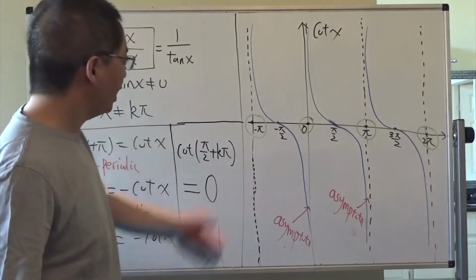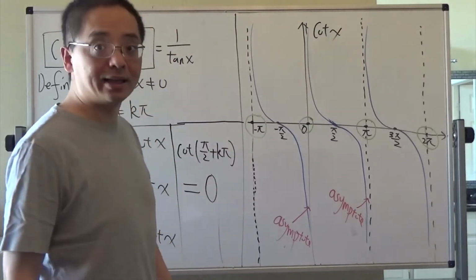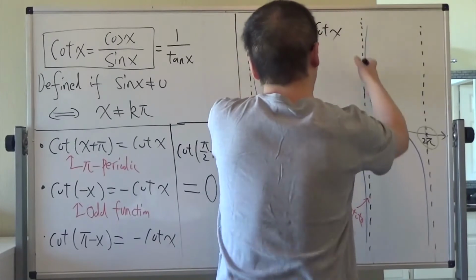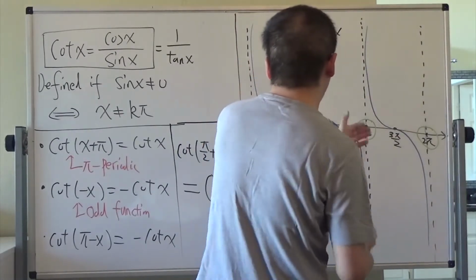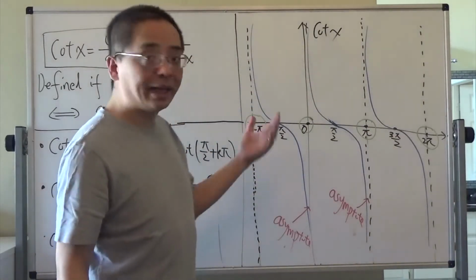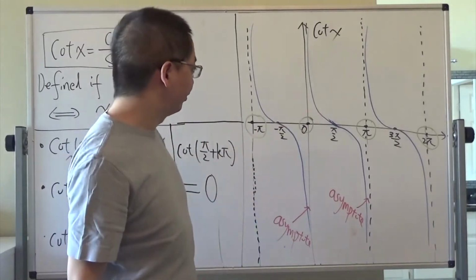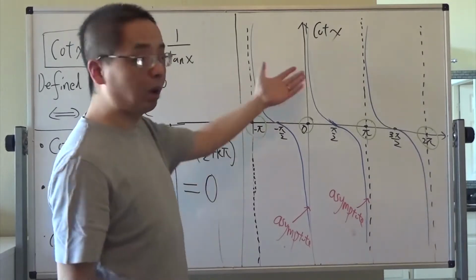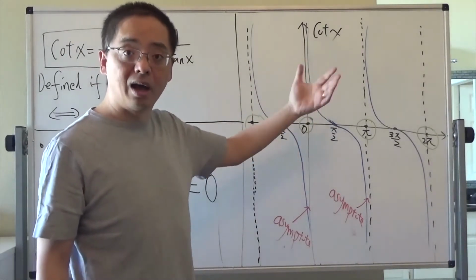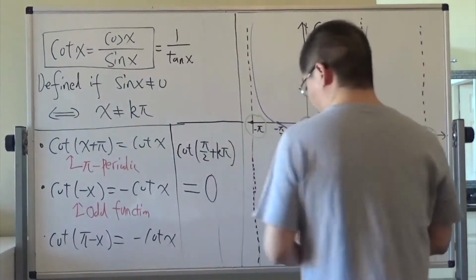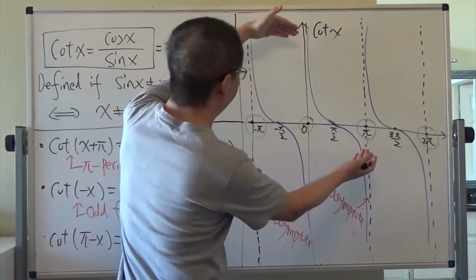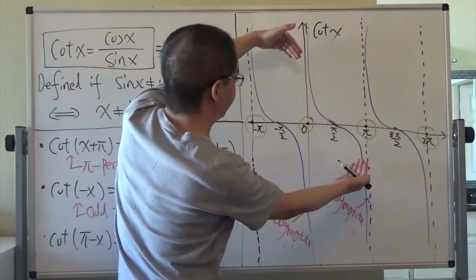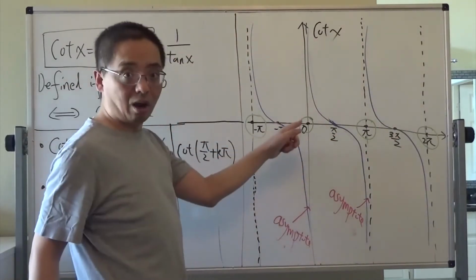Here's the graph of cotangent x. Because it's pi periodic, let's just look at the graph within the typical period from 0 to pi. Like the tangent function, it has several similar features. The first one: because the function is odd, the graph is symmetric with respect to the origin.